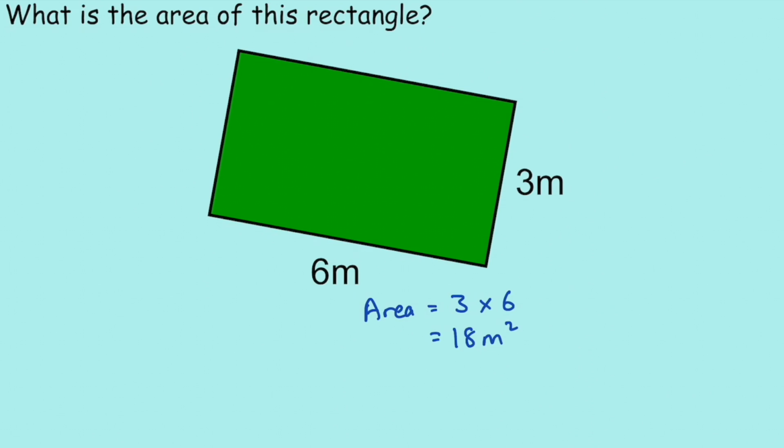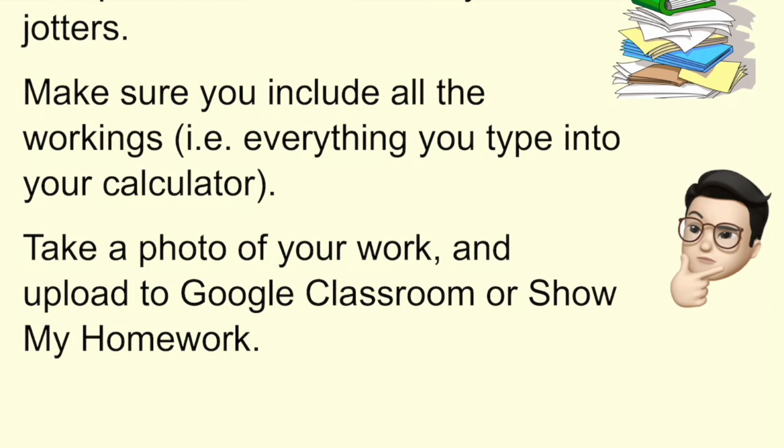Now, please note that the unit here, it's in meters now, not in centimeters, and that's also in meters. So we're going to make sure that the unit that we write at the end is going to be in squared meters.